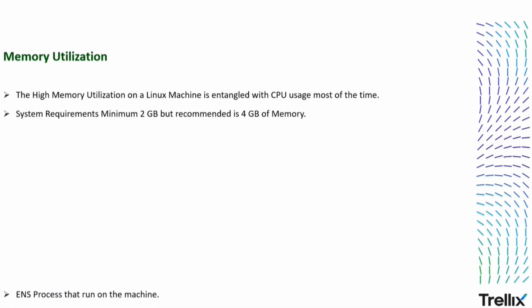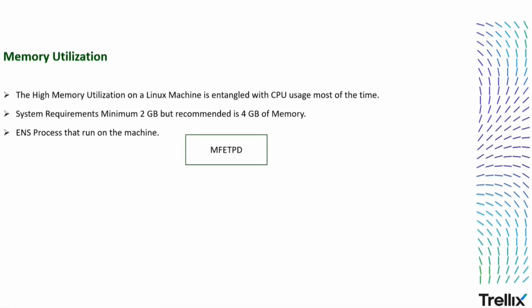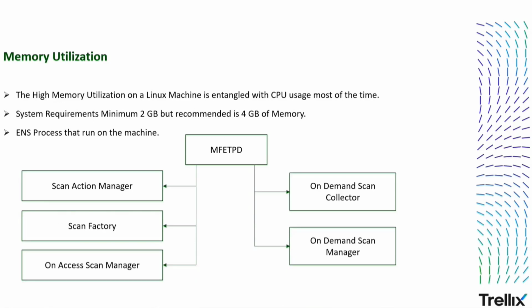As mentioned earlier by Arvind, there are multiple ENS processes that run on a machine. In that, MFE-TPD is the parent process. The rest are all child processes. The overall memory consumption of ENS will be mapped to MFE-TPD since it is the parent process. From MFE-TPD, all other child processes will receive their share of memory.